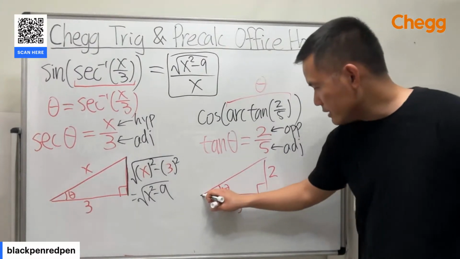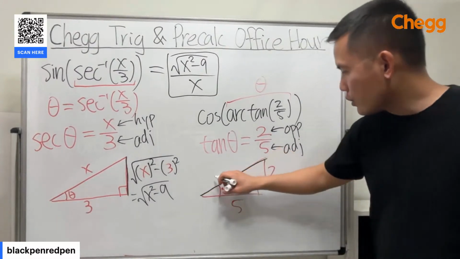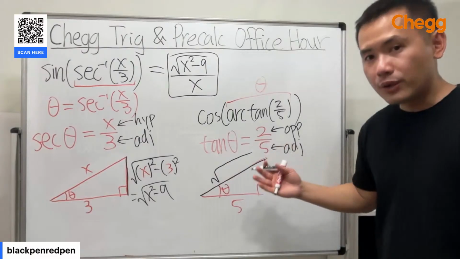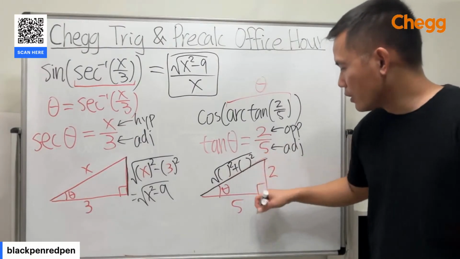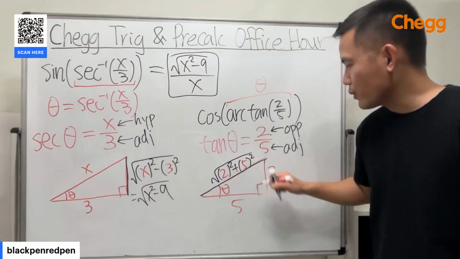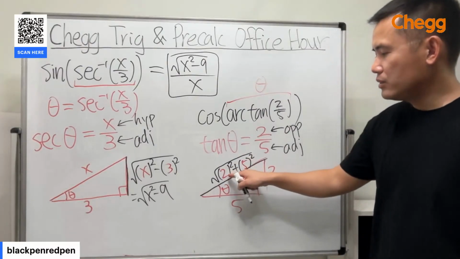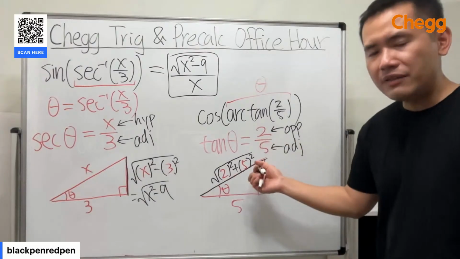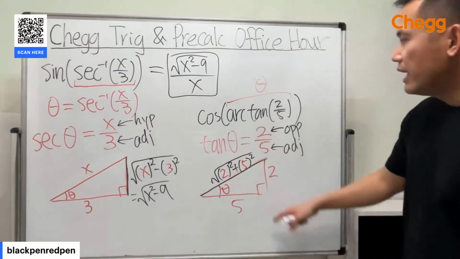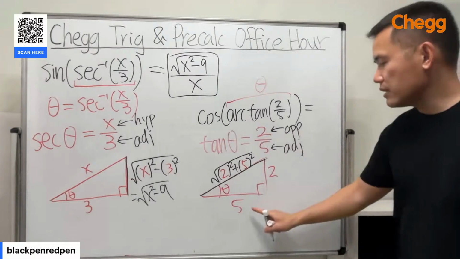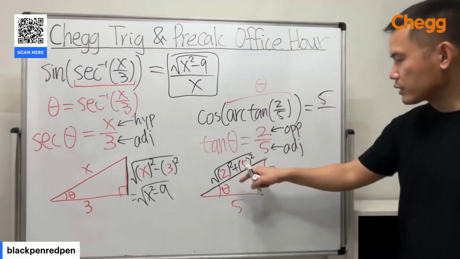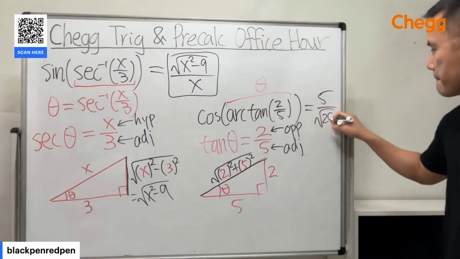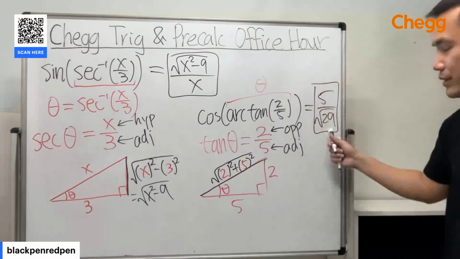And then for the hypotenuse, this time we're going to open the square root, and then add the other sides' squares. So I'll just put 2 squared and then 5 squared. This is really just 4 plus 25, so that's square root of 29. And then we're doing cosine. Cosine is adjacent over this, which is 5 over square root of 29. And then we're done. Just like that.